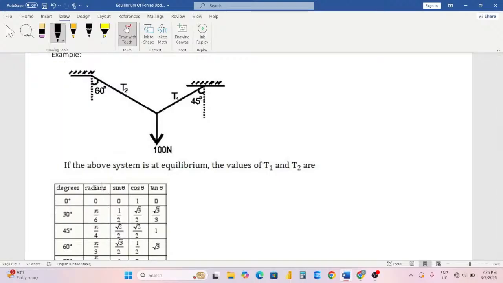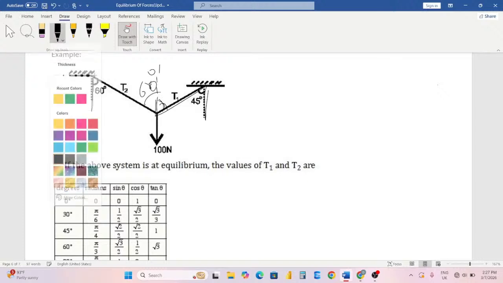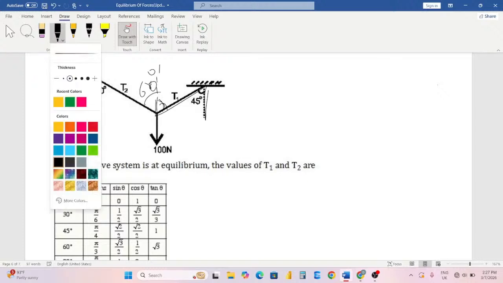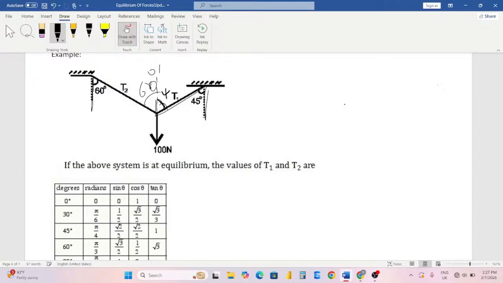If this side is 60, then obviously alternate angles are equal, so this side will also be 60. If this side is 45, by alternate angle, this side will also be 45.